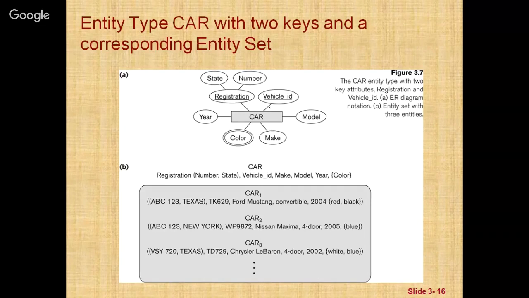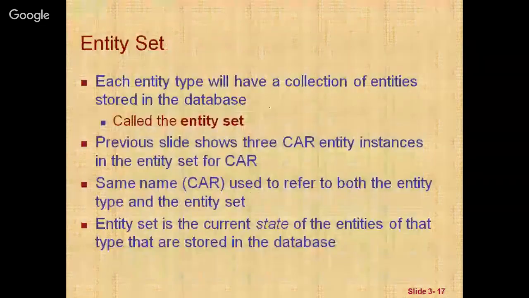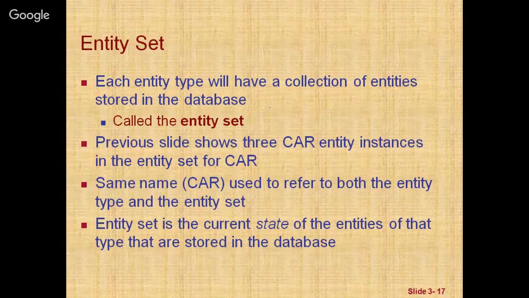An entity type usually has one or more attributes whose values are distinct for each individual entity in the entity set. So each entity type will have a collection of entities stored in the entity set. Such an attribute is called a key attribute, and its value can be used to identify each entity uniquely.